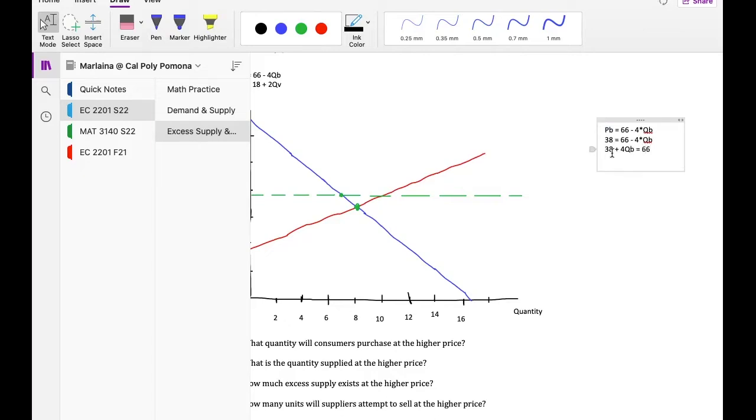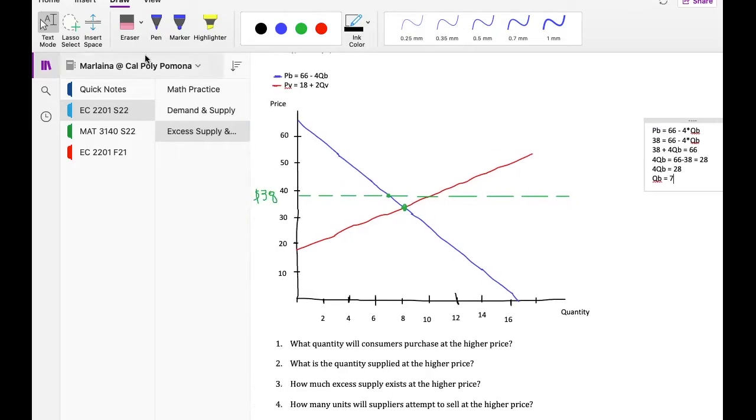We can subtract the 38 from both sides so that we have 4 QB equals 66 minus 38, which is 28. So now we have 4 QB equals 28. If we divide both sides by 4, we see that QB equals 7. So 7 units. Our guess was correct here. So 7 units is going to be the amount demanded by the consumers at this price of 38.